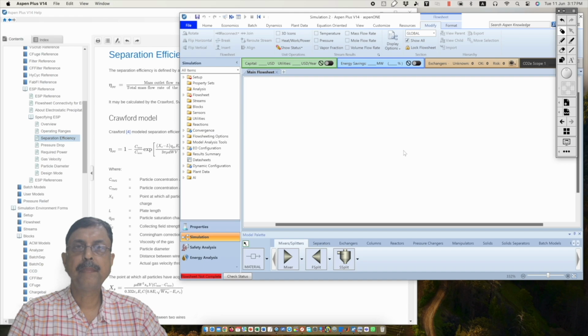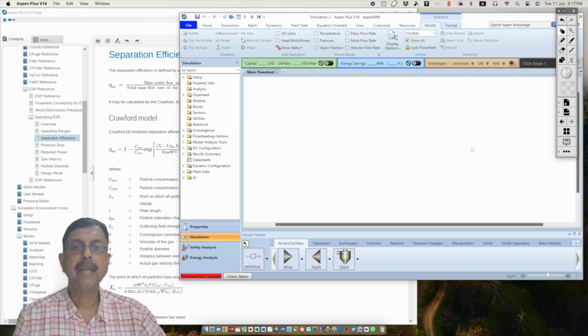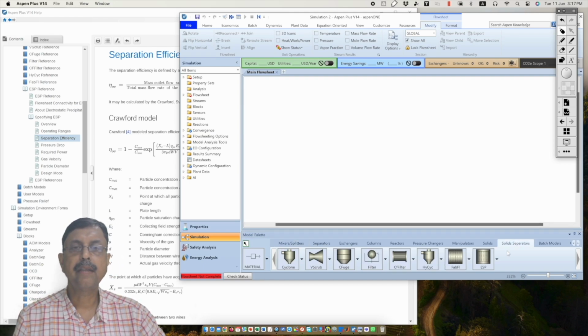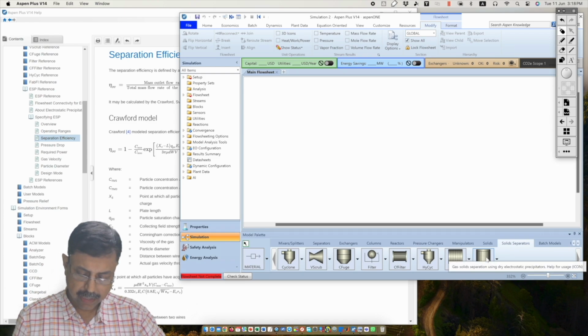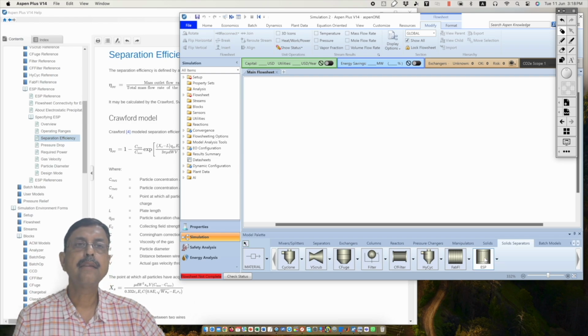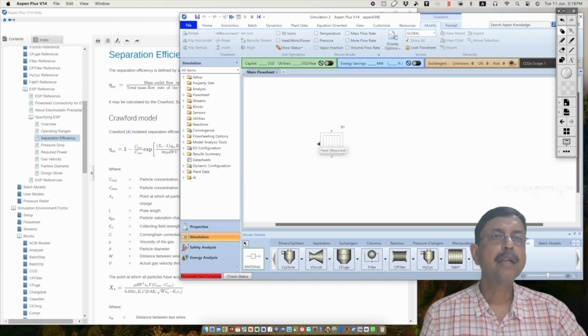So this is the Aspen Plus simulation window, and you can get the solid separator over here. This is the gas solid separation using dry electrostatic precipitator. So you can just bring it over here, connect the feed line. This is the gas and this is solid.